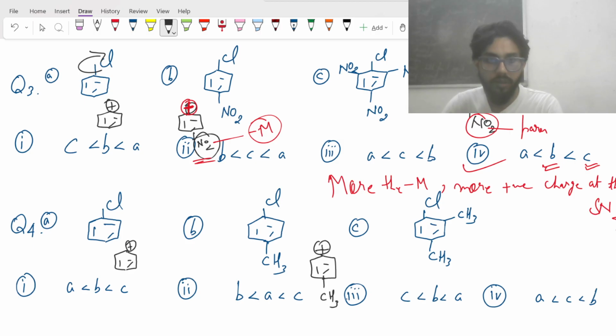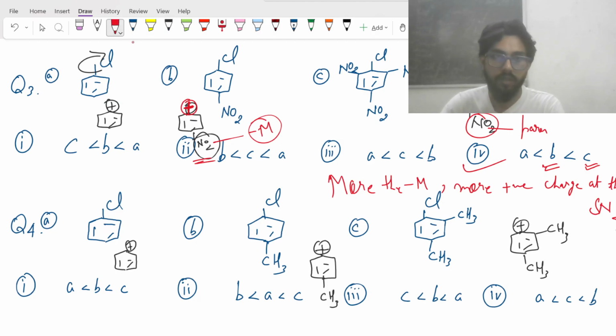And here the positive charge, and here a methyl group, and here a methyl group, all right. So what you can understand is these are plus I effect groups. Here this is your para, so it will stabilize this. So in the fourth case, in this third case, it will stabilize very well.